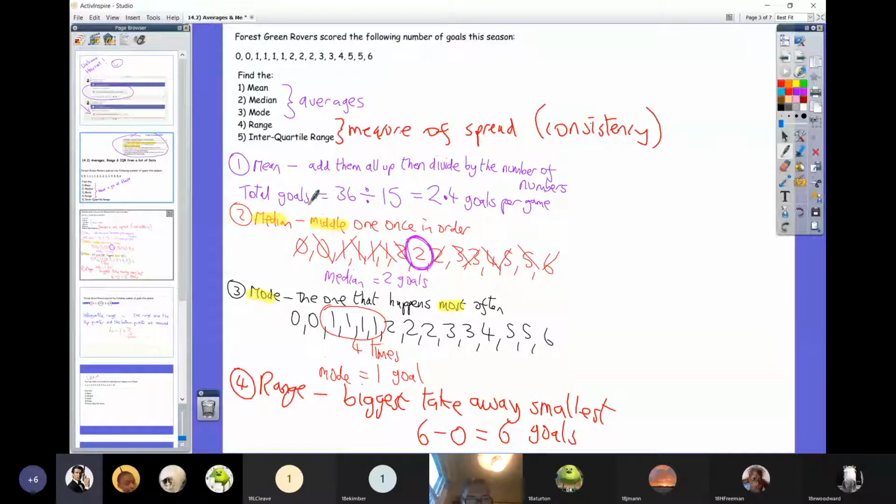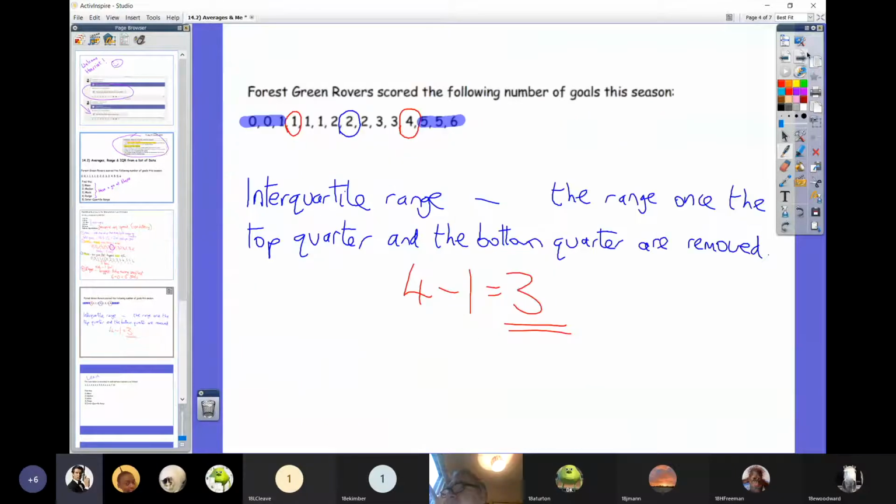So hopefully those are all familiar to you. Now, the number 5 there was the interquartile range. So I'm just going to talk you through this one. Quartile means quarters.